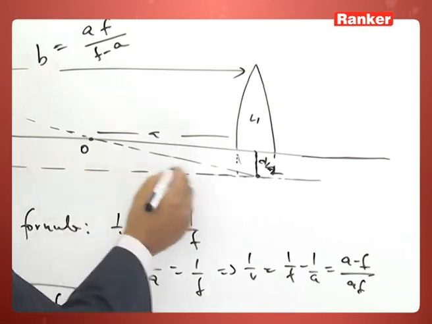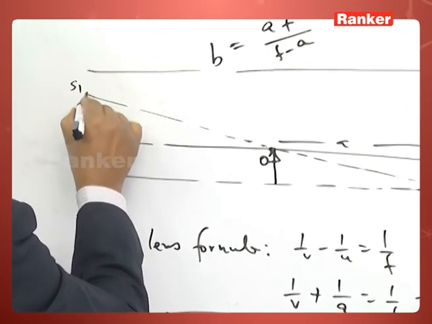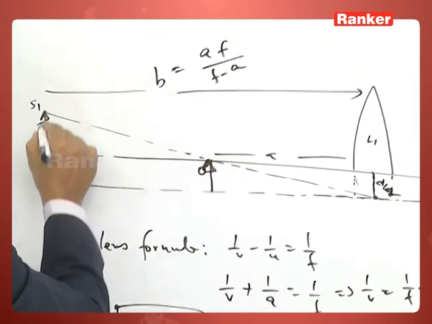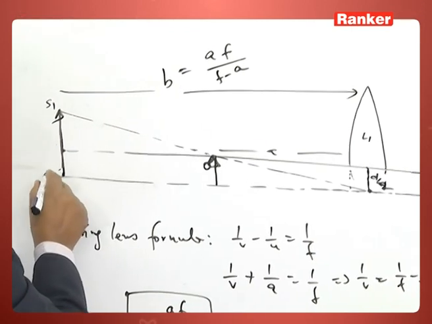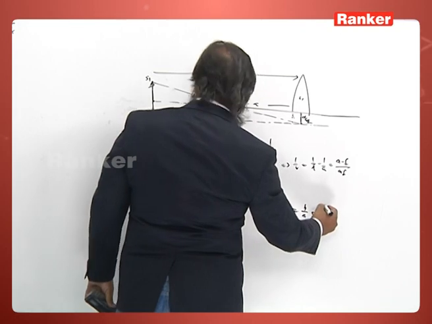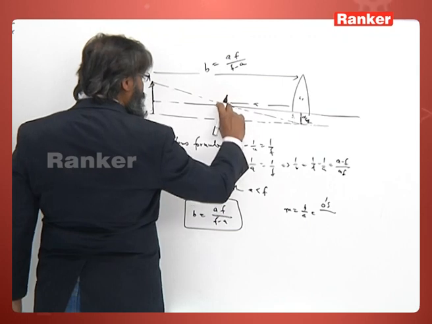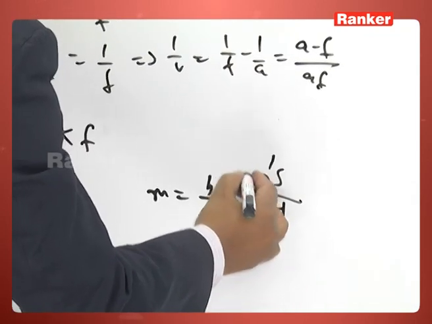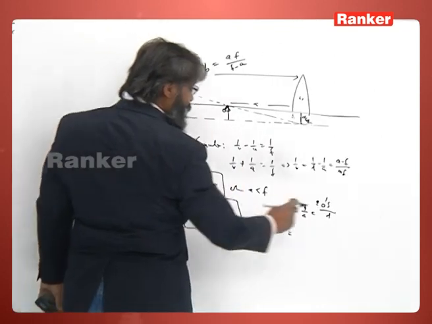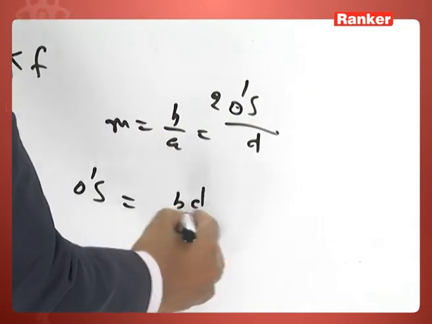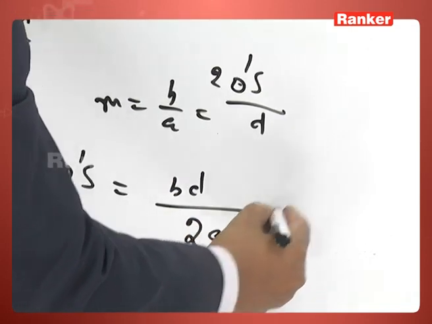Magnification means, here you see, this is the object, and from here you will get an image. If this is the object, this is the image. Suppose I call this edge O dash. So that is O dash S by this distance, which is D by 2. So O dash S becomes BD by 2A.